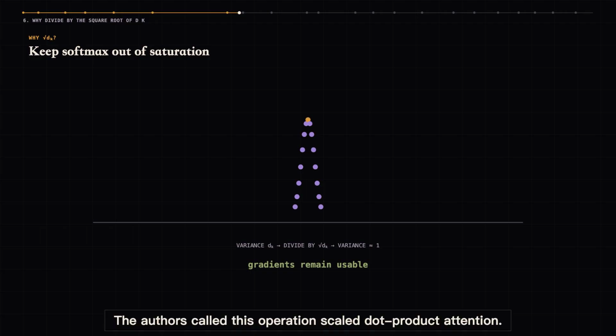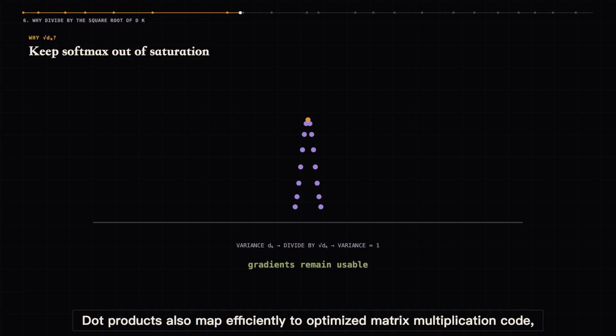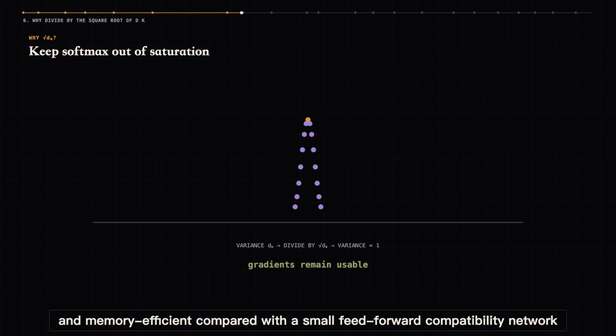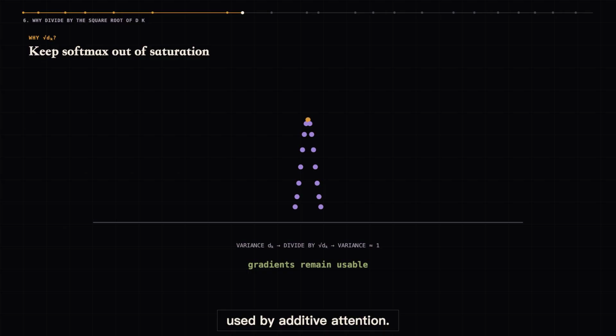The authors called this operation scaled dot product attention. Dot products also map efficiently to optimized matrix multiplication code, which made the operation fast and memory efficient compared with a small feed-forward compatibility network used by additive attention.